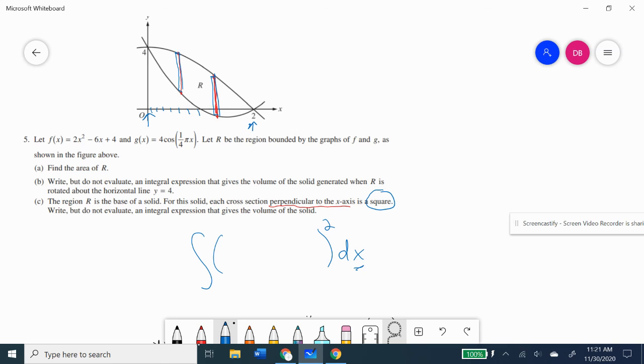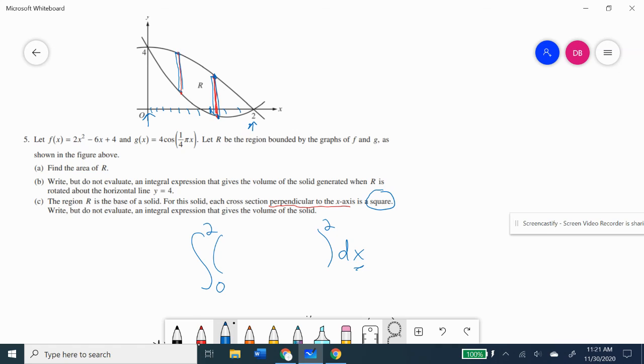Every time you hit a particular x for this integral going from 0 to 2, it'll stop. It'll calculate the subtraction of these two functions as the radius, square it to get an area formula for a square, and make it volume by multiplying the tiny little dx.